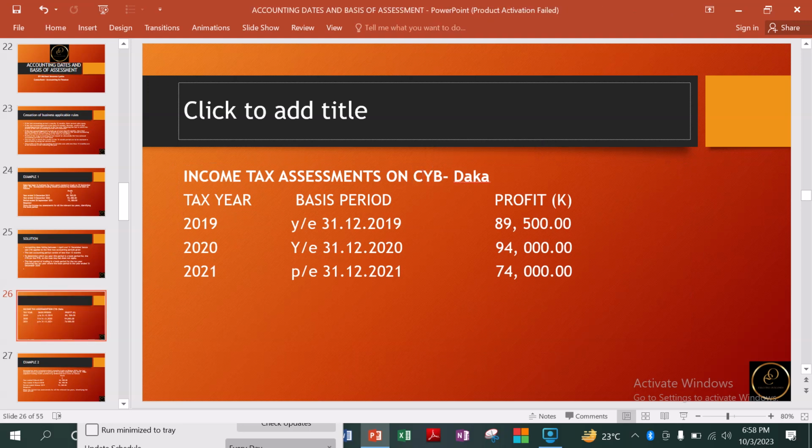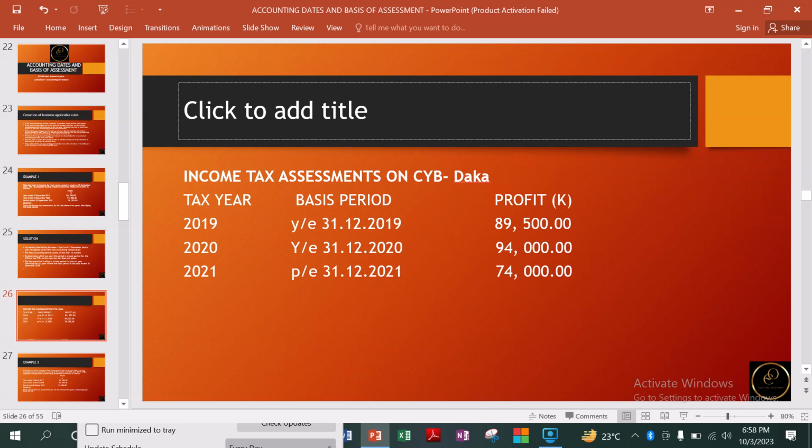We also need to realize that when you are making a presentation relating to income tax assessment, you need to bring out 3 columns: the tax year, the basis period, and the profit, the income being assessed or the income involved.